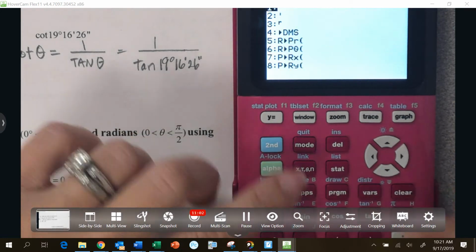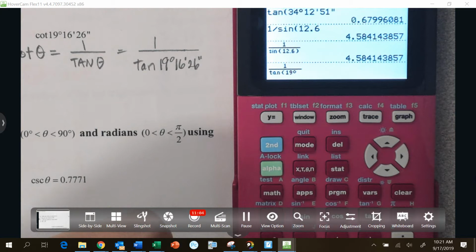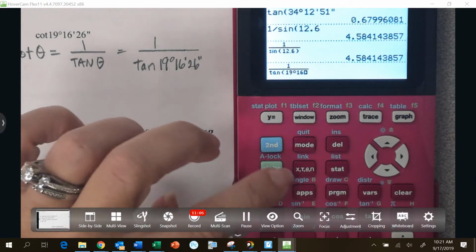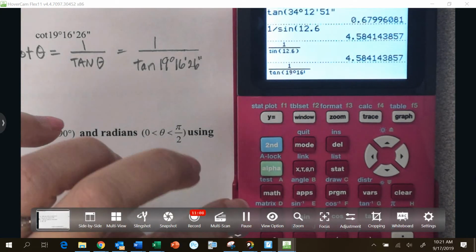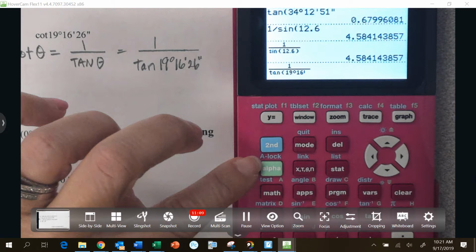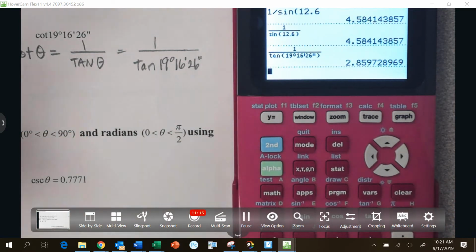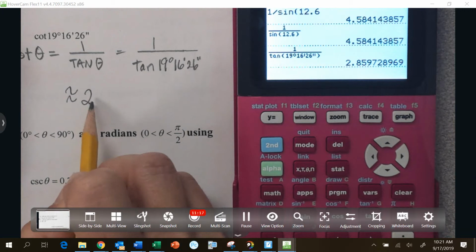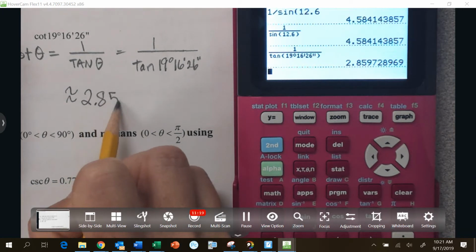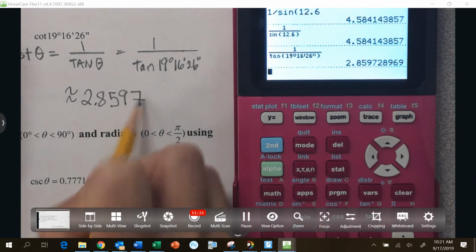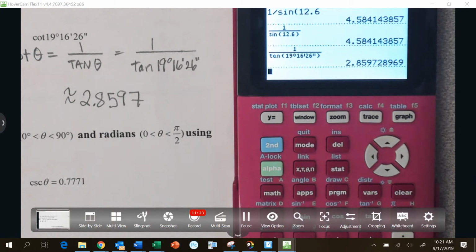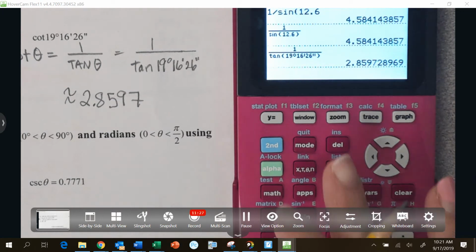So make sure you can get that on your own. You probably have already started. I'm slow. And then rounding that would be 2.8597. Any questions on this?